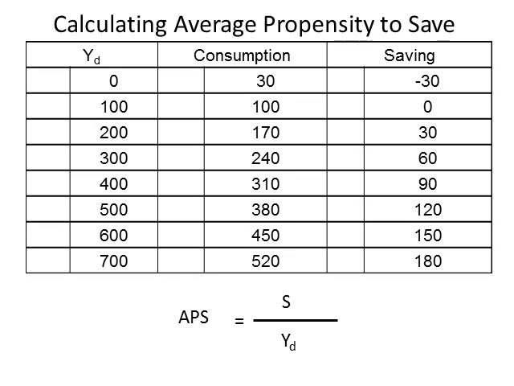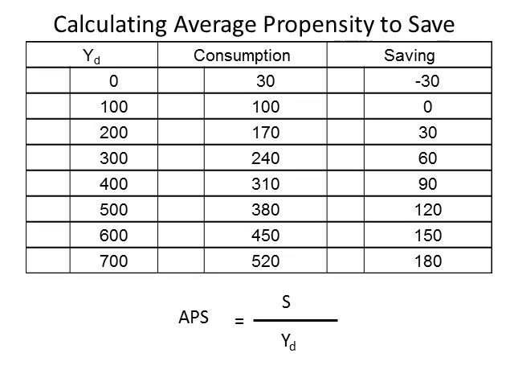This minus 30 represents the fact that the individual, in order to consume, is taking money out of their bank or other savings. The consumption of 30, which occurs when the person has no income, is referred to as autonomous consumption. That is consumption where the person is not earning any income.